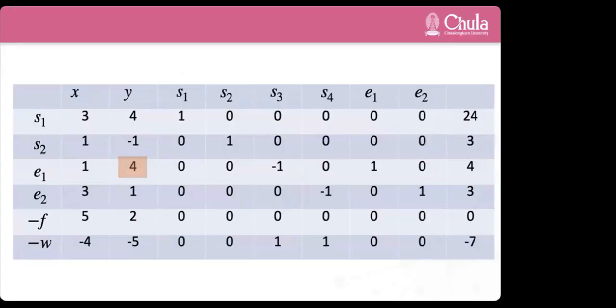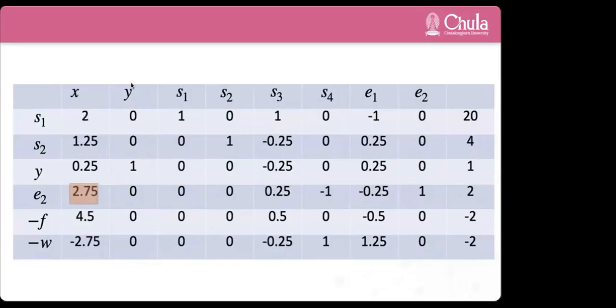Our basic variables in the first phase are S1, S2, and E1, E2, right? Look at the most negative one here. Then we drive W down to 0.